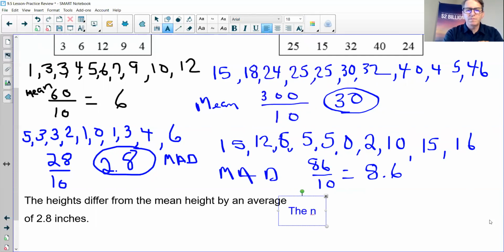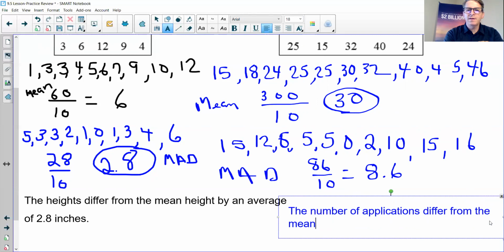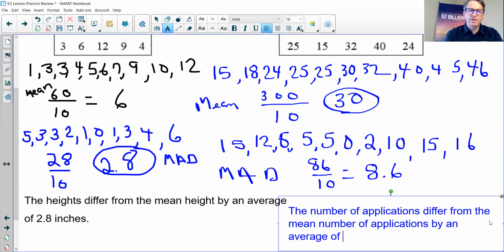The number of applications differ from the mean number of applications by an average of 8.6 applications, or about 9.